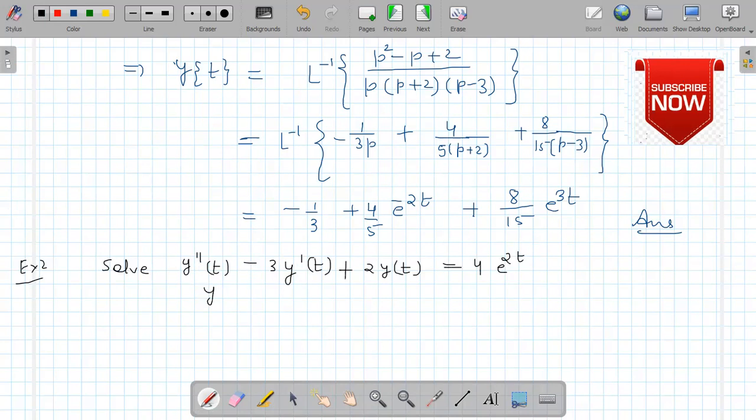And the initial conditions are y(0) is minus 3 and y dash (0) is 5.